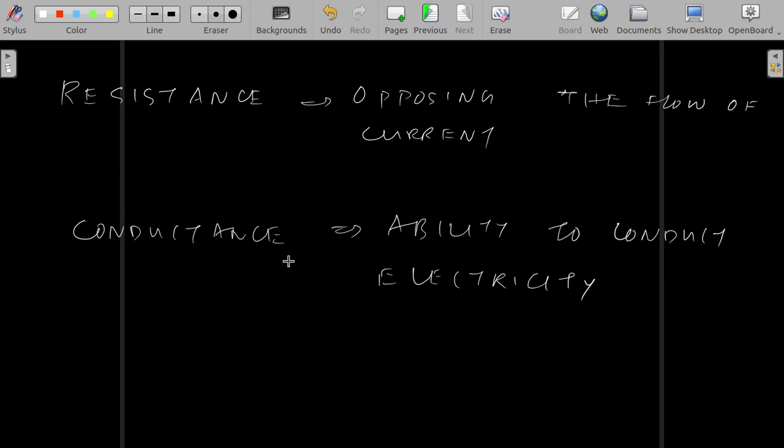That is the sense of conductance. So, whatever argument we made for series and parallel connection of resistance, you can use the opposite argument for conductance, because they are inverses.